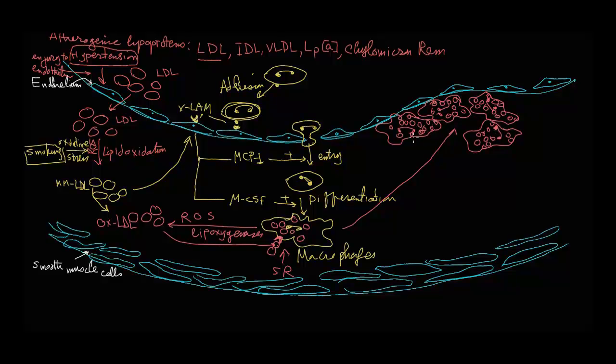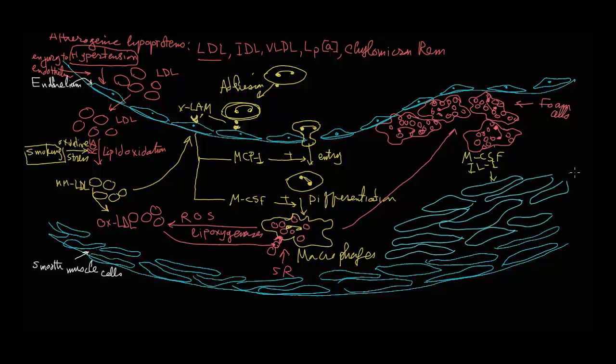So now the macrophages are transformed into what are called foam cells, and they appear under the endothelium like a fatty streak, and this is the early lesion of atherosclerosis, which we call fatty streak. These macrophages secrete inflammatory molecules and cytokines. These stimulate the proliferation of smooth muscle cells.